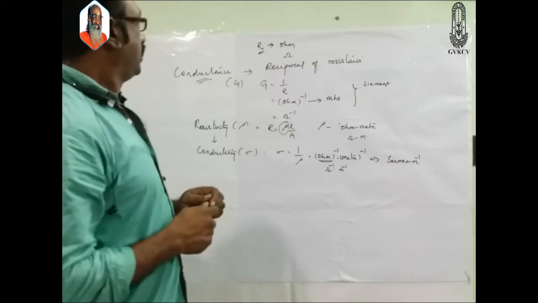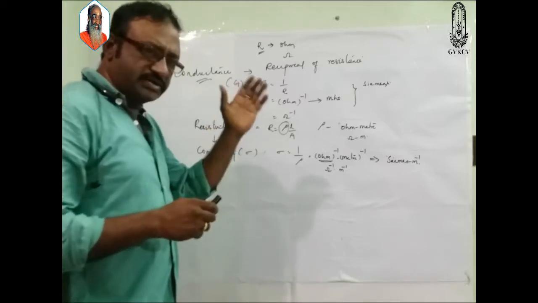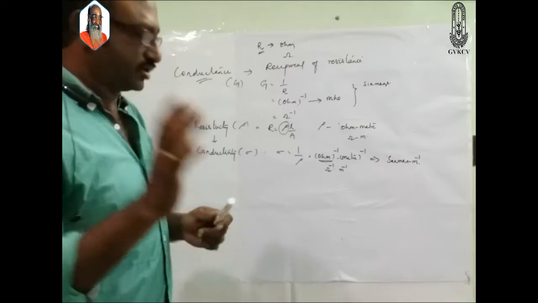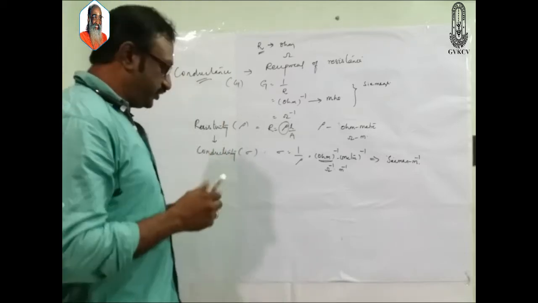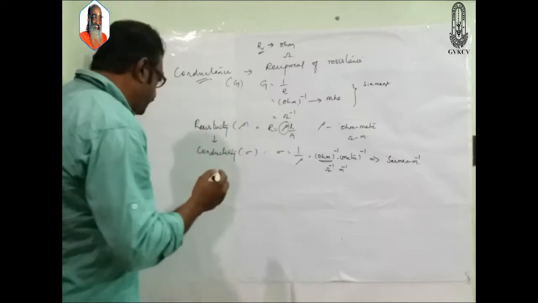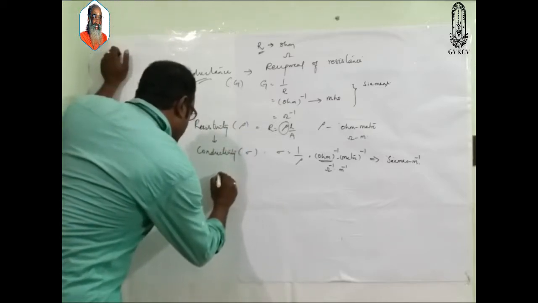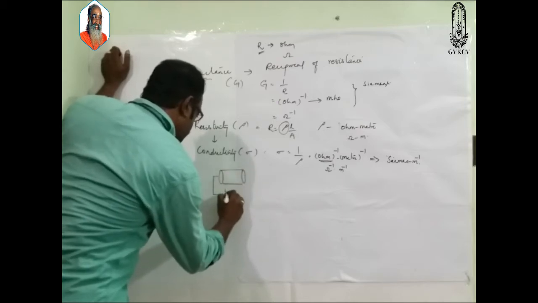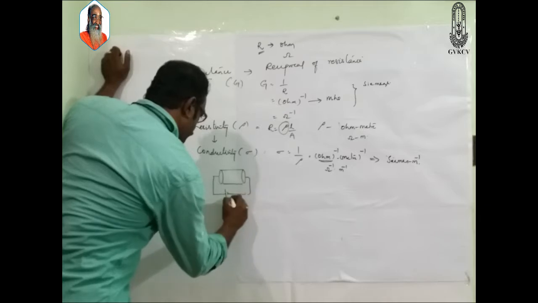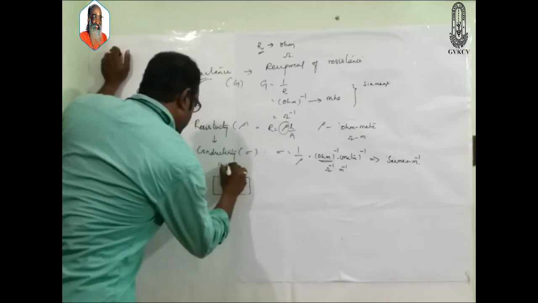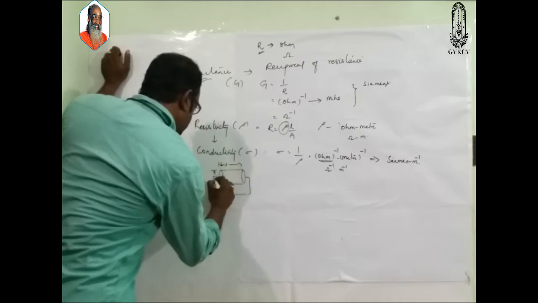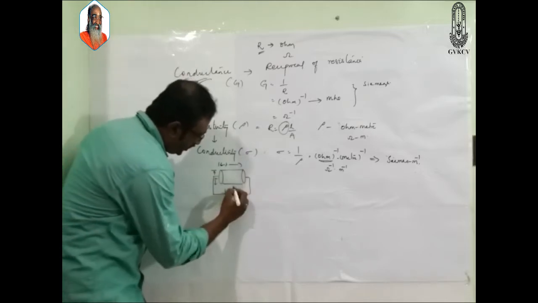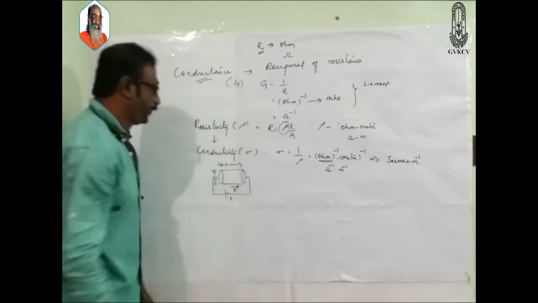Now, in the earlier session, we talked about the free movement of the electrons. There, you have taken a conductor and applied a potential difference V, whose length is L and the area of cross section is A. Now it is submitted to the potential difference V, so an electric field is applied.